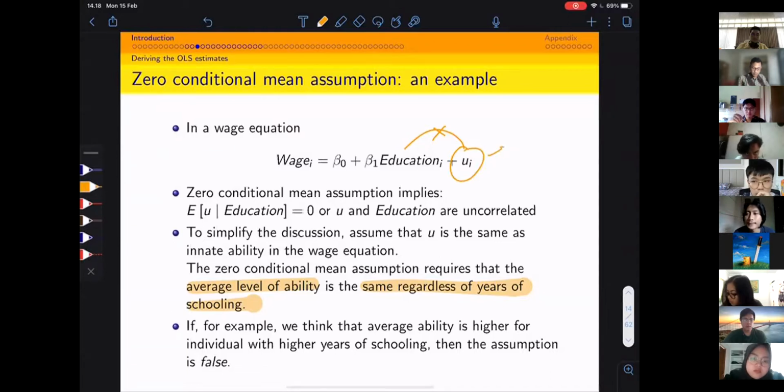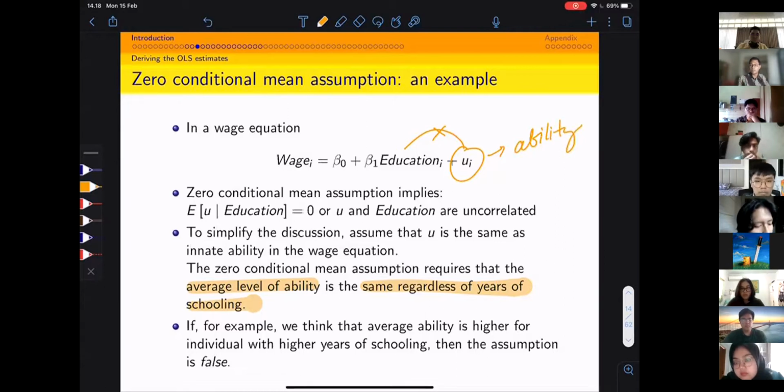For example, an unobserved variable that is important in wage determination is ability. So you should ask yourself whether or not there is a correlation between ability and education. If you think that more able people obtain higher years of schooling, then the assumption fails, or the assumption is false.